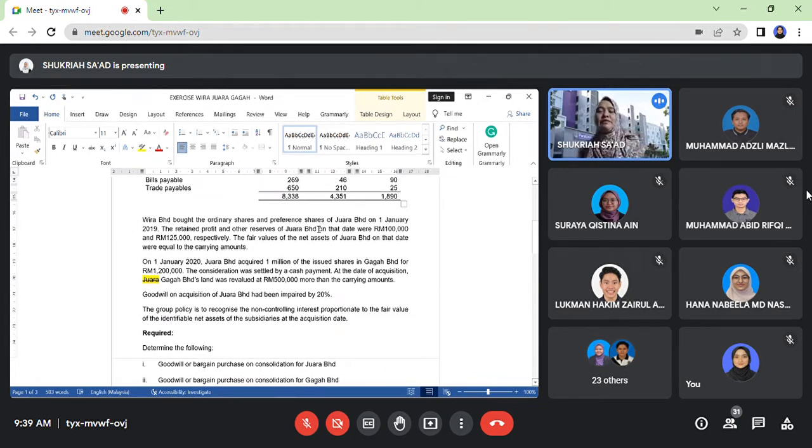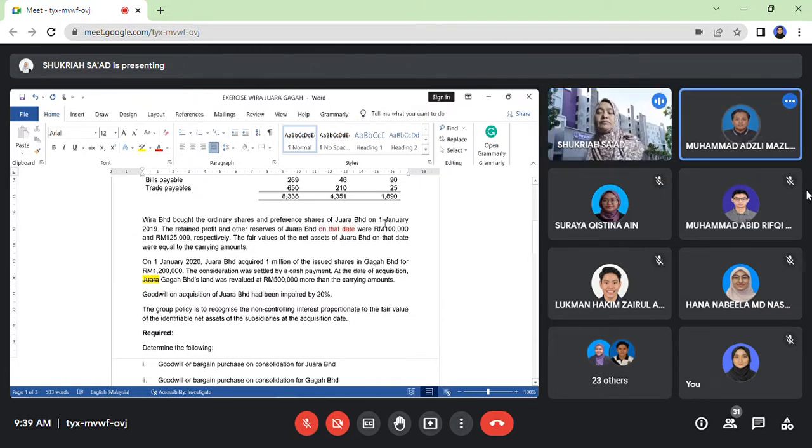And then the retained profit and other reserve on that date. On that date ni refer pada date mana kelas? Which date? 1st January 2019. 1st January 2019 ni date apa kelas? DOA. Maksud sekarang ni soalan bagi information with regards to reserve, which is retained profit and other reserve on DOA.